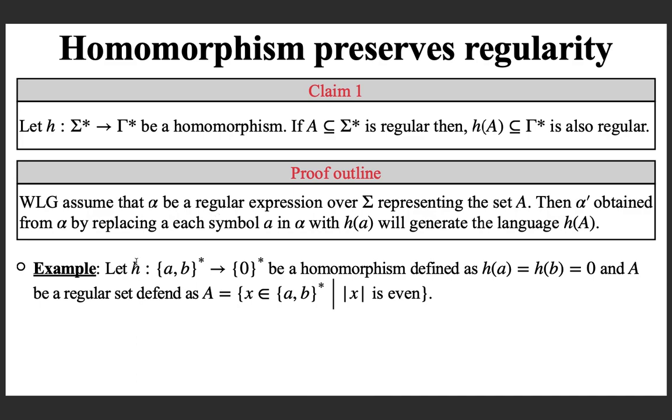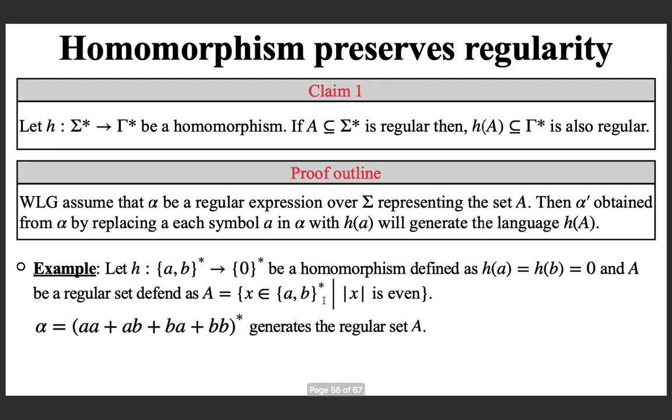Now, for example, consider a homomorphism from {a, b} star to 0 star, defined as H of a is equal to H of b is equal to 0. For both a and b, the homomorphic image is 0. And A is the previous language, even length strings. Then, if you look at this regular expression, you can see that it is generating the set of all even length strings over {a, b}.